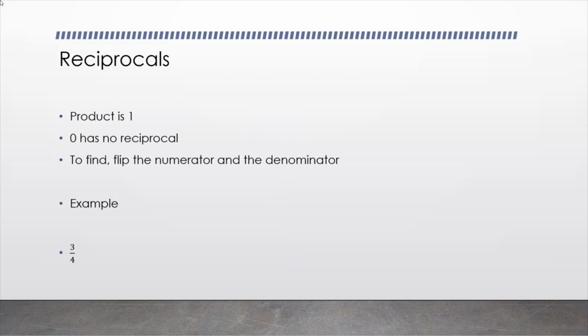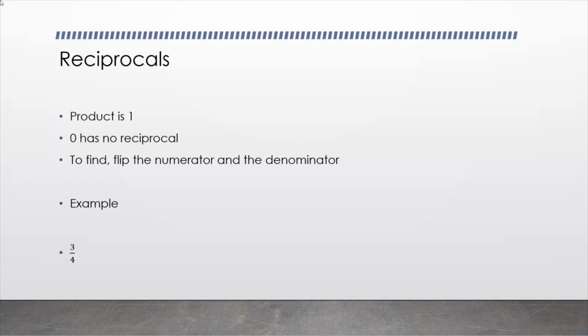All right, let's look at a definition. Reciprocals come up here because of keep it, change it, flip it, and they're also going to come up in college algebra. Division of fractions is the same as multiplying by the reciprocal.